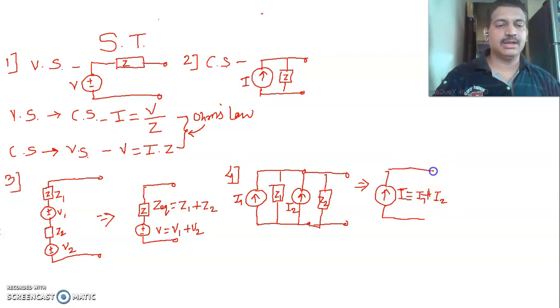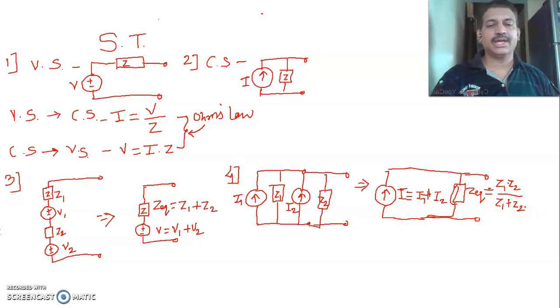Then these two impedances Z1 and Z2 are again parallel to each other, which gives a parallel combination of the impedances. Z equivalent is Z1 Z2 upon Z1 plus Z2.